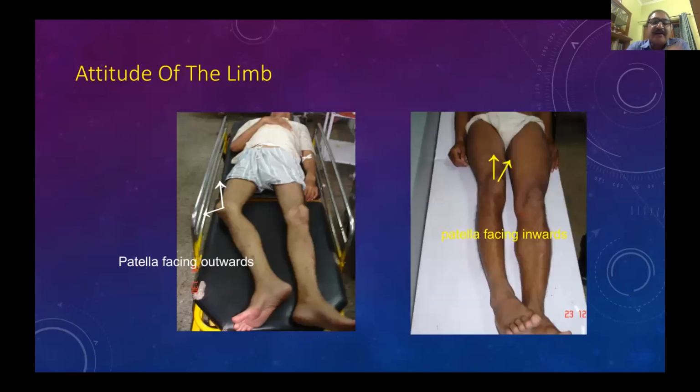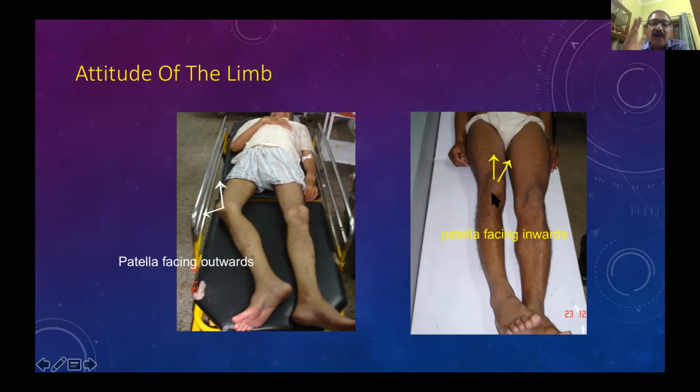Now, after we have seen the gait and conducted the Trendelenburg test, we come to the attitude of the limb. We are going as per the plan which I had shown you earlier. One can make out that the limb may be in an abnormal position. You can see that in the first picture, the patient's right limb is in external rotation, while in the other picture, the limb is in internal rotation.